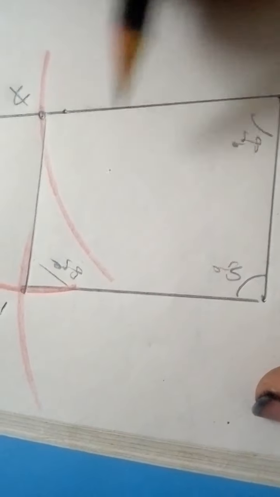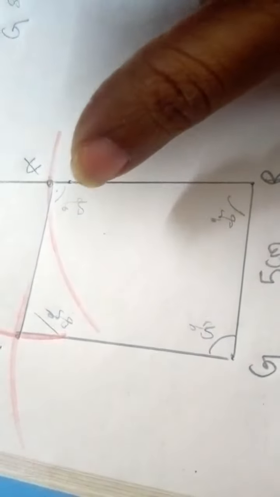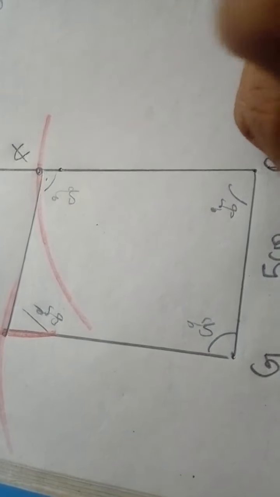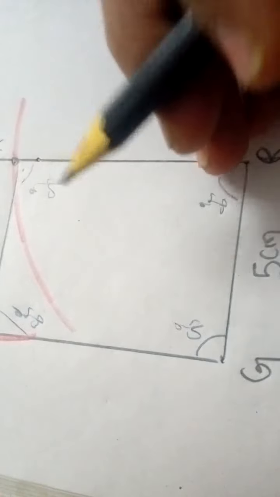So this is 95, this is 85, this is 85 and this is 95. So our required parallelogram is constructed. This is the process to construct a parallelogram. Afterwards you have to write the construction steps here, what we did step by step to construct the parallelogram.